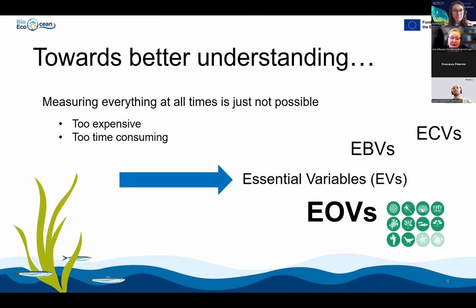One of the things that is really helping us to collaborate better and to become more interoperable is the essential variables. We can't measure everything at all times. It's just too expensive and too time-consuming. In our project, we're focusing on the essential ocean variables, the EOVs, and especially the biological and ecosystem EOVs.